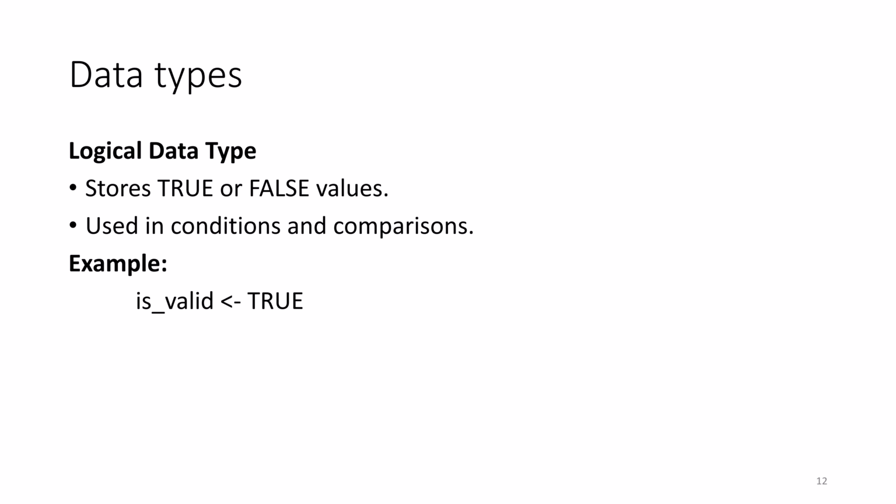The logical data type is used to store values that are either TRUE or FALSE. These values are mainly used in conditions and comparisons. For example, is_valid = TRUE stores the logical value TRUE in the variable.